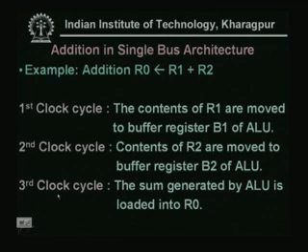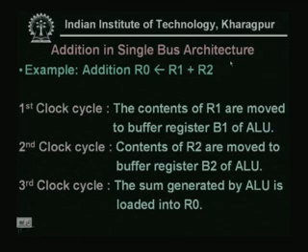Now, we see the bus structure. Again, we are taking one example to explain the different types of bus structure that are normally implemented. So, one simple addition, say the two register contents R1 and R2 are added and the result is transferred to R0.